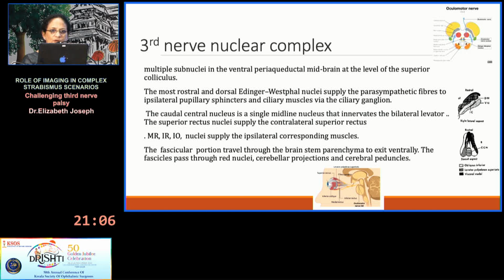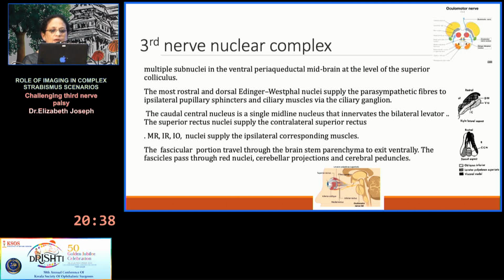The Edinger-Westphal nucleus takes care of the pupillary fibers and the ciliary ganglion, and the central caudal nucleus is a single midline nucleus that innervates both levator palpebrae. The superior rectus nuclei supply the contralateral superior rectus, whereas the medial rectus, inferior rectus and inferior oblique nuclei supply the ipsilateral eye.